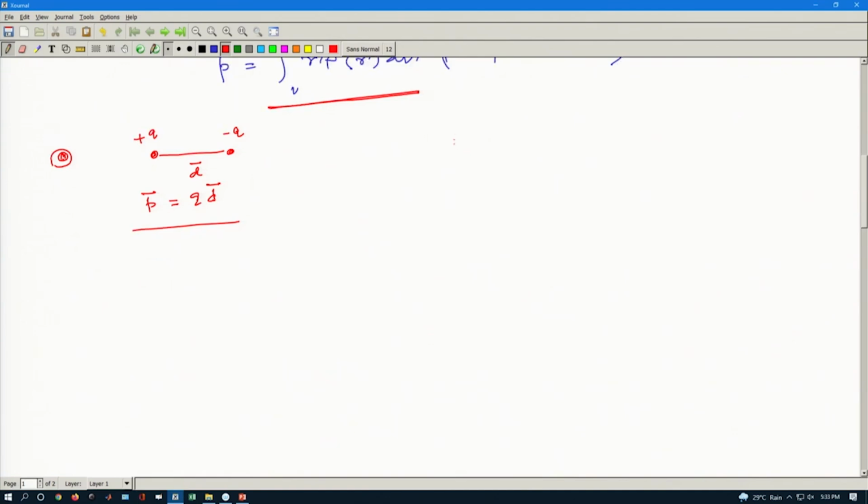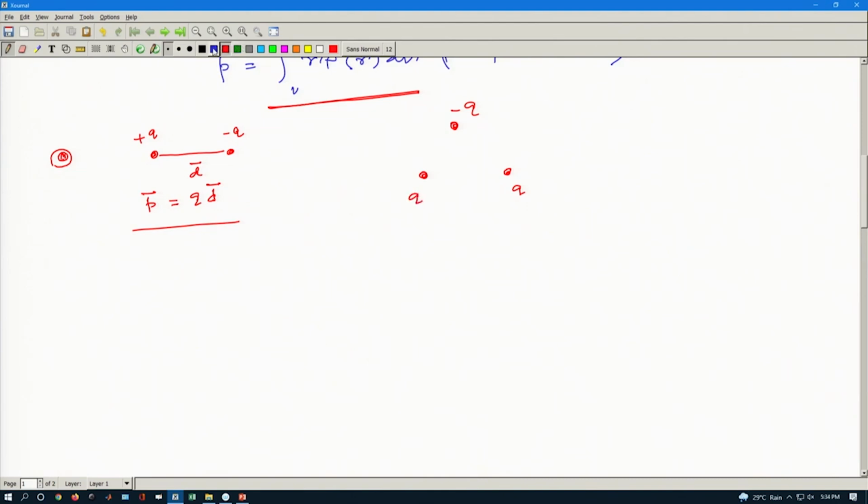One example is, suppose we have a discrete charge distribution like this. One charge is minus q, and this is say q, and this is another q.